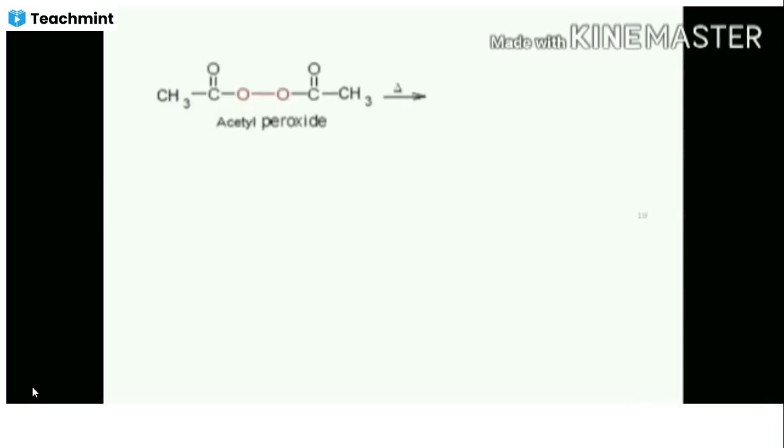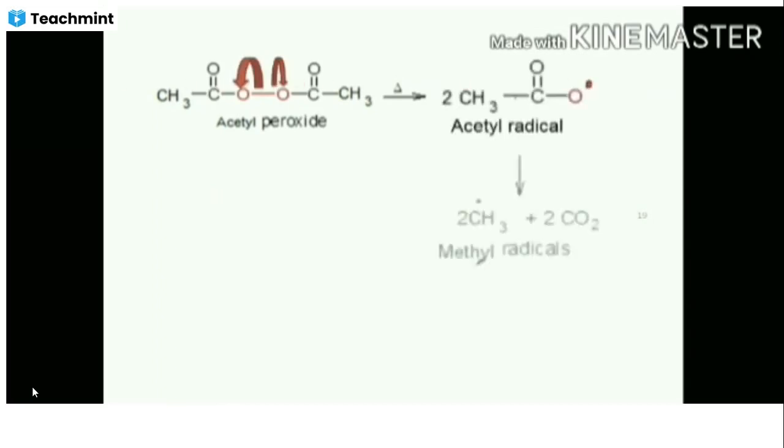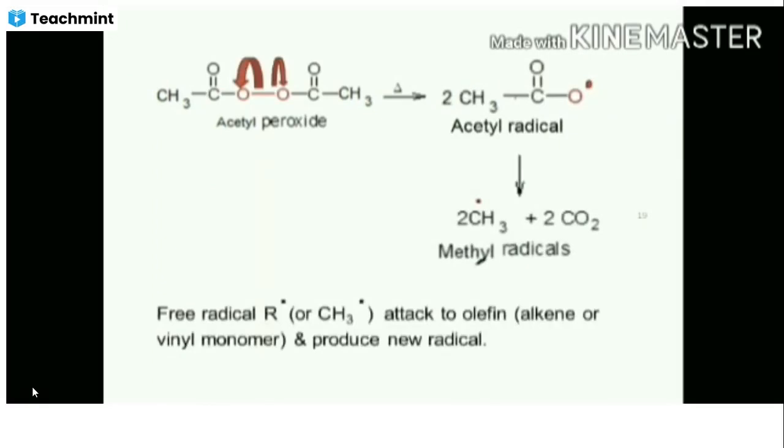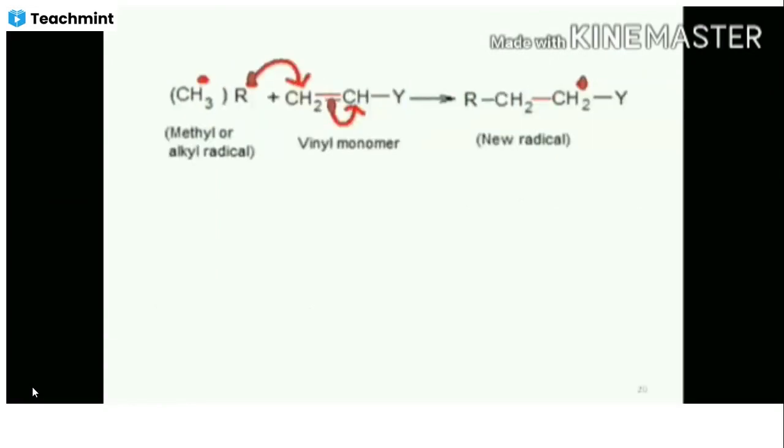Here, breaking of the bond. This is the homolytic breaking, which forms the acetyl radical, and again loss of carbon dioxide forms methyl radical. Free radical, alkyl radical or methyl radical attacks the olefin, also known as alkene, or vinyl monomer and produces the new radical. This is the attack and formation of new radical.